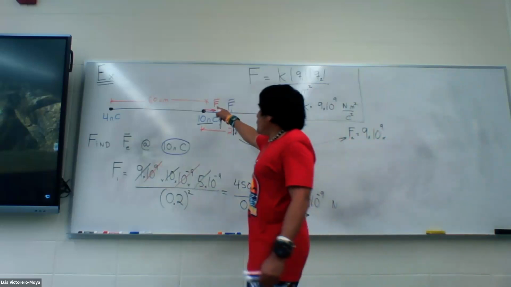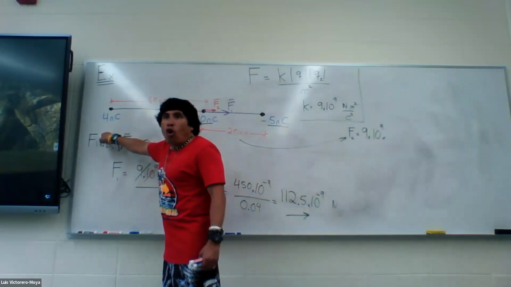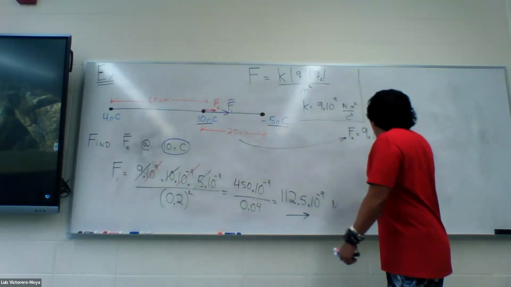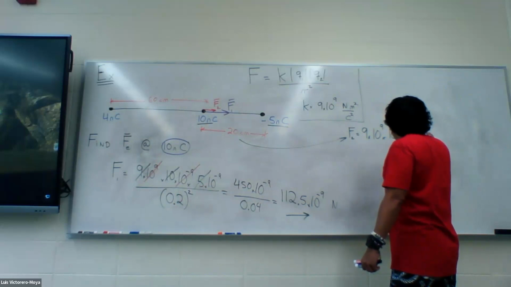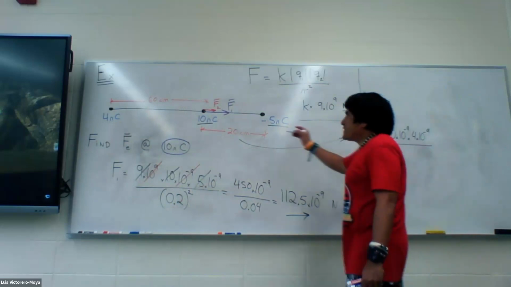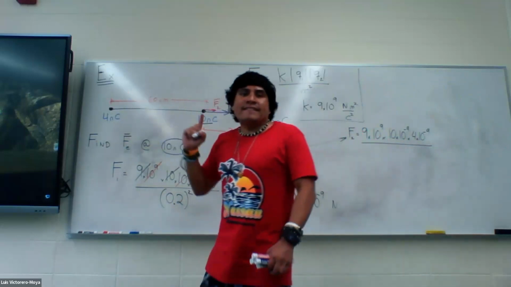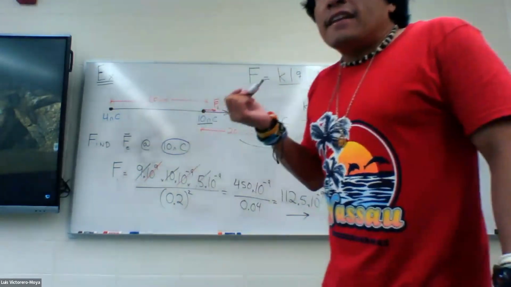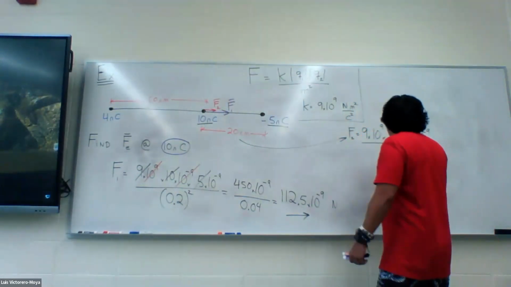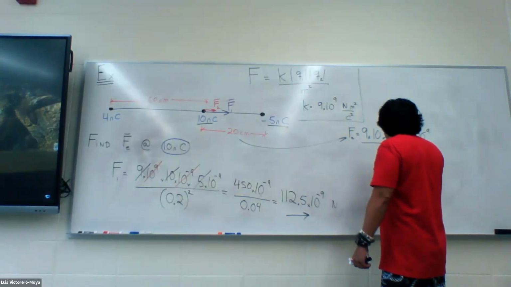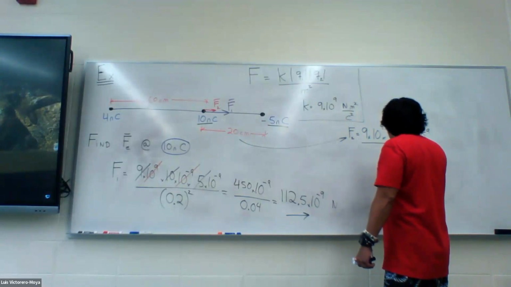Now F2 is between 10 and 4. So I have to do 10 times 10 to the negative 9, 4 times 10 to the negative 9, divided by the distance. Now the distance is 60. What's 60 centimeters in meters? 0.6. So that will be 0.6 squared.